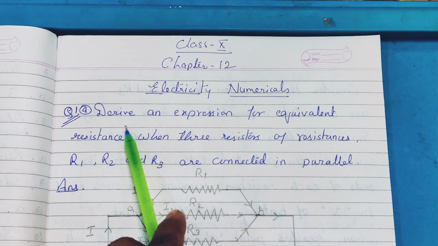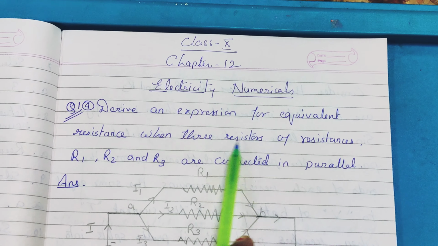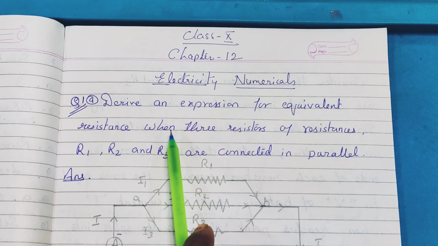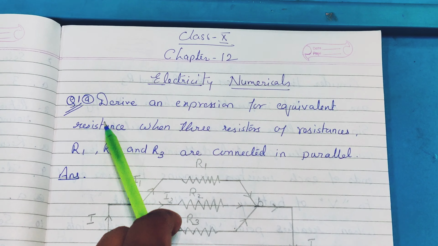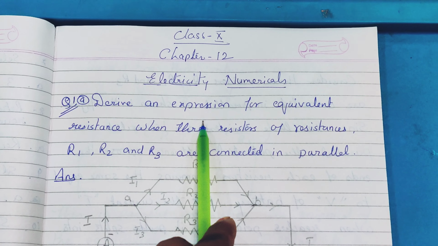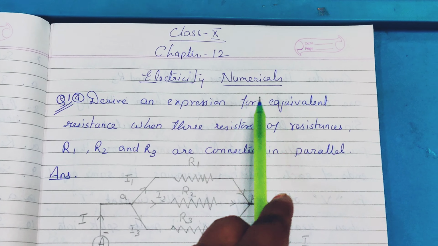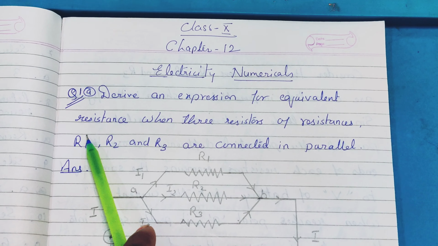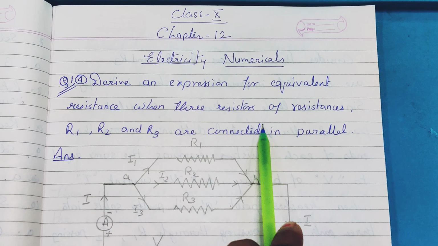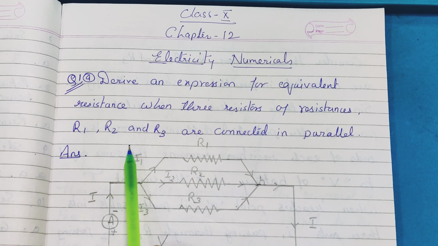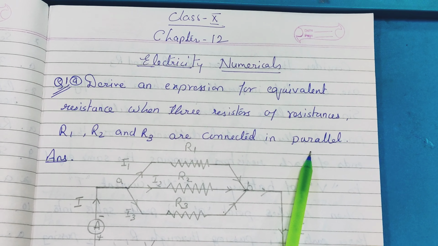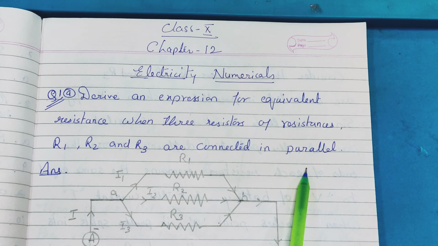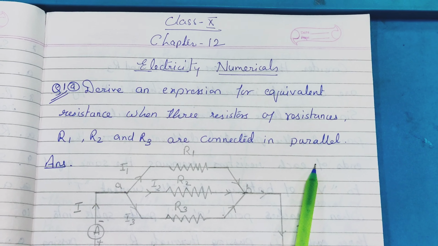The question will ask somehow in this form. So derive an expression means we have to derive the equivalent resistance when three resistors of resistance R1, R2 and R3 are connected in parallel. So we have to derive the parallel combination.